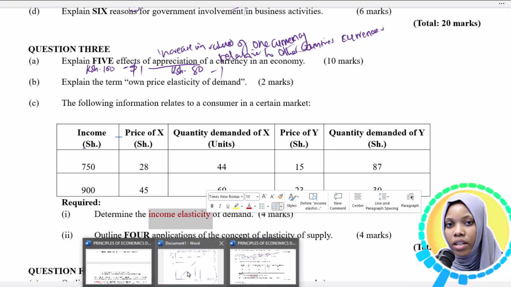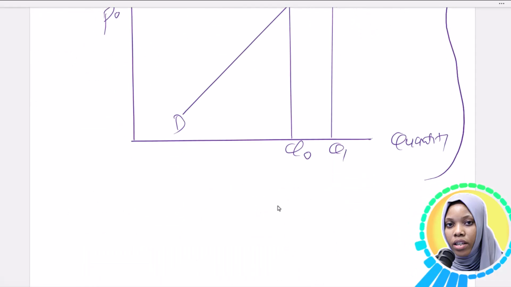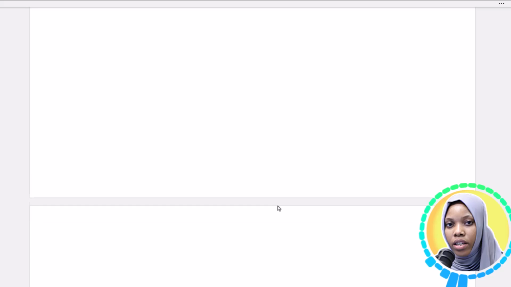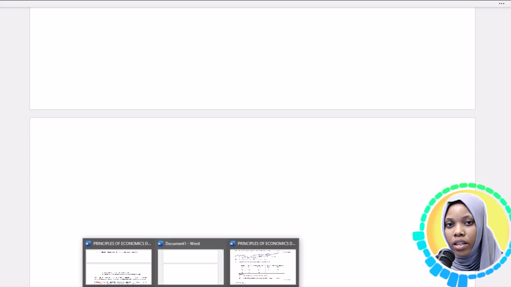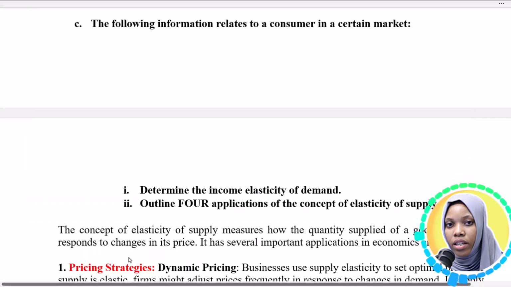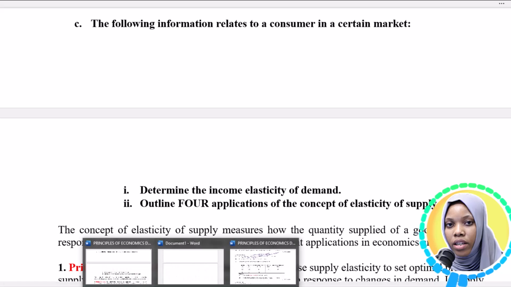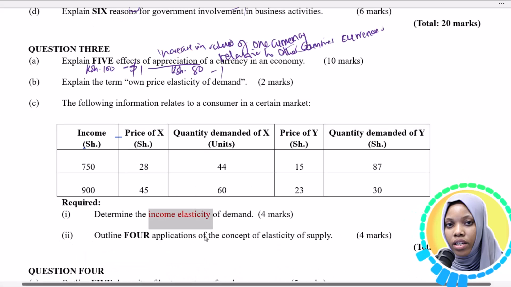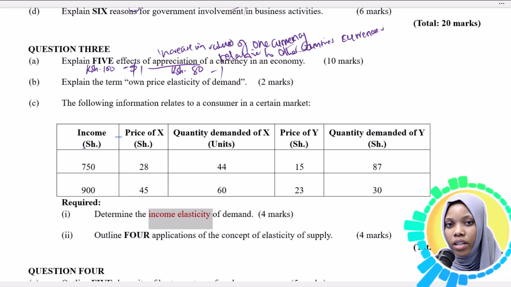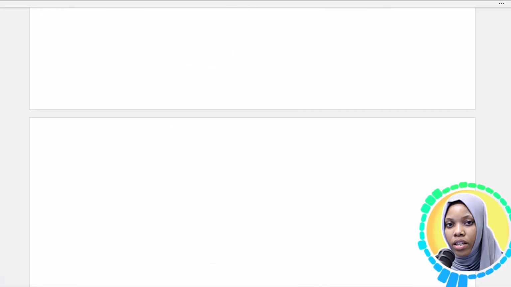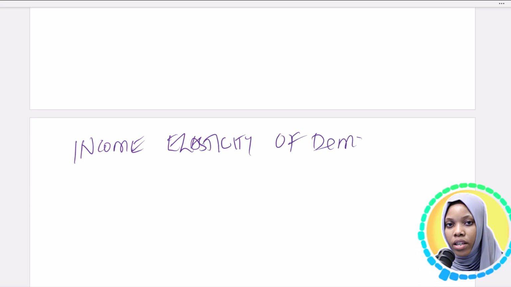Without further ado, let's do that here. Let's start the question. Required to calculate the income elasticity of demand.